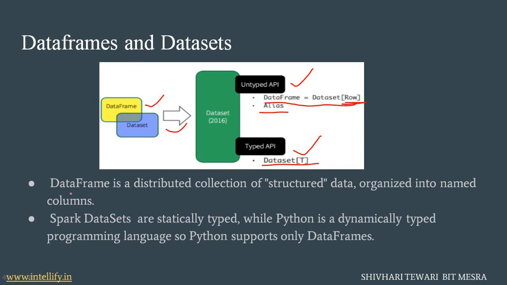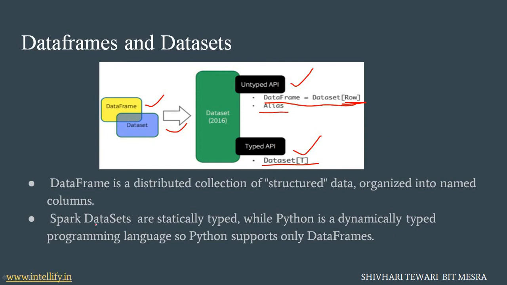So in Spark, the data frame is a distributed collection of structured data organized into named columns. So the data frame is basically structured data which is already given in the Spark library, organized into named columns. That means there are columns which are given and named in the Spark library.